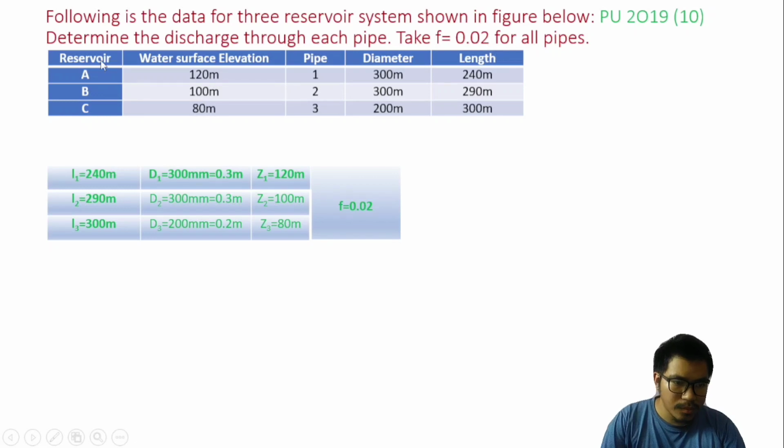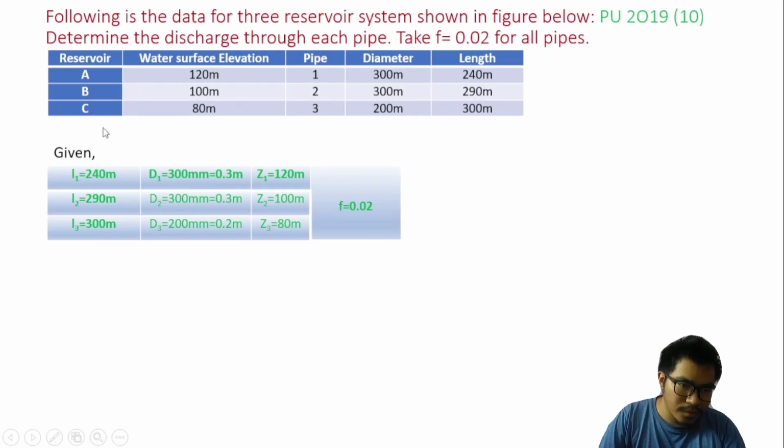There are three reservoirs A, B and C with their water surface elevations 120 meter, 100 meter and 80 meter. So this we write in given. There are three pipes which connect reservoirs A, B and C to junction J, whose diameter and length are given.